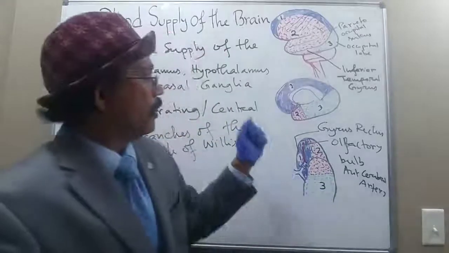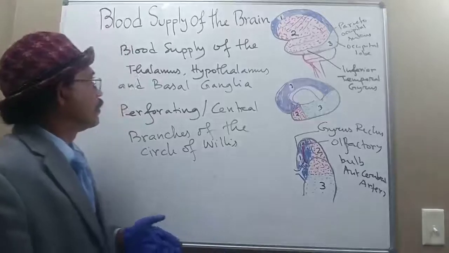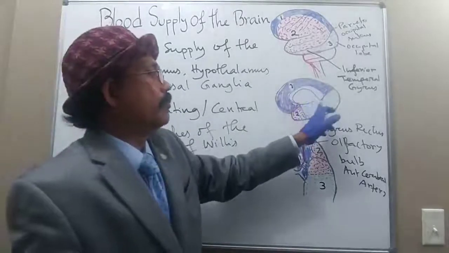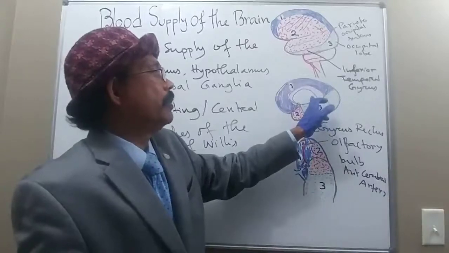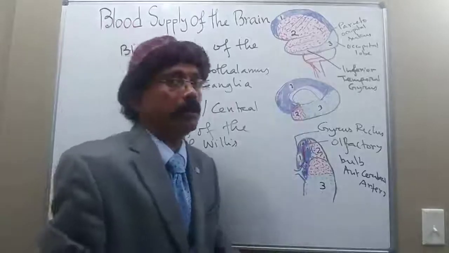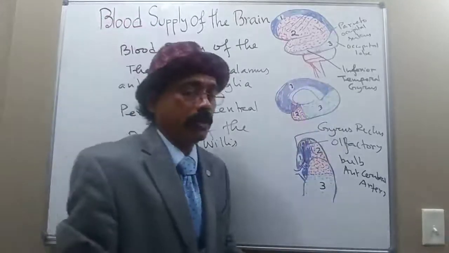Thalamus is present here. It also gets blood supply from the posterior cerebral artery, part of it from the middle cerebral artery, and from the anterior cerebral artery. Corpus callosum gets its blood supply from the anterior cerebral artery.